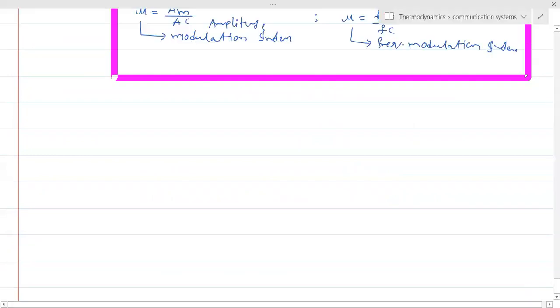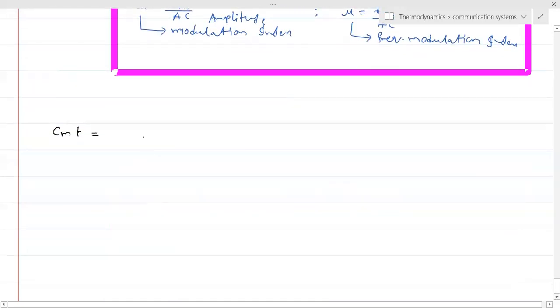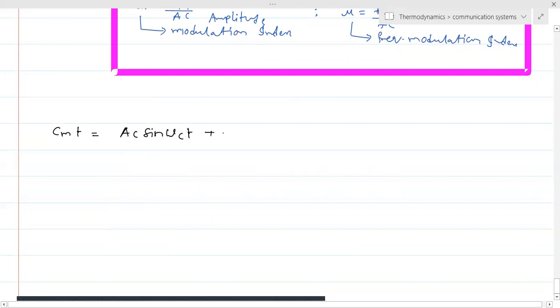Okay, after taking this we will continue our derivation. CMF is equivalent to, after taking the expansion, equal to AC into sin omega c into t plus mu into AC into sin omega m into t sin omega c into t.